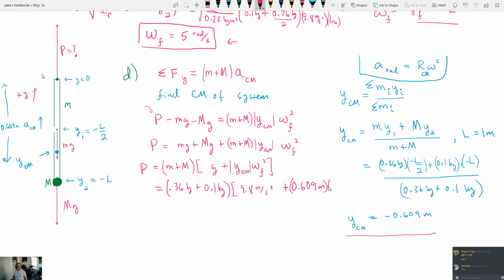So 0.609 times omega final, which was 5, squared. This will give you the force of the pivot.